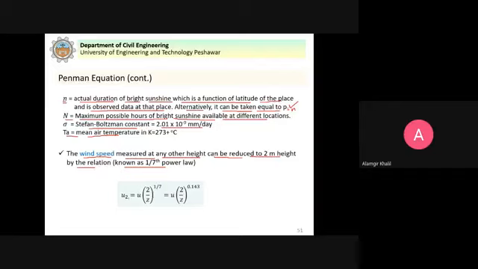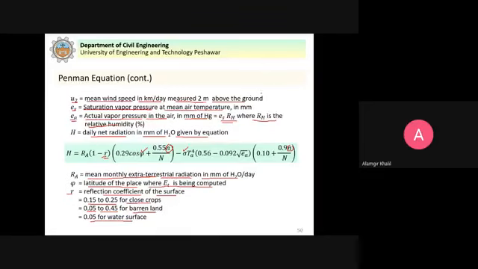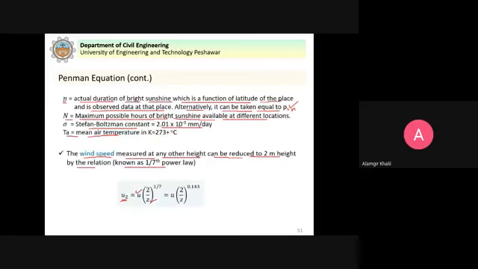This is the formula available. So this is the wind speed at any height z, and it can be reduced to U2, the wind speed at 2 meter above the ground. So these are the different parameters in the Penman equation.